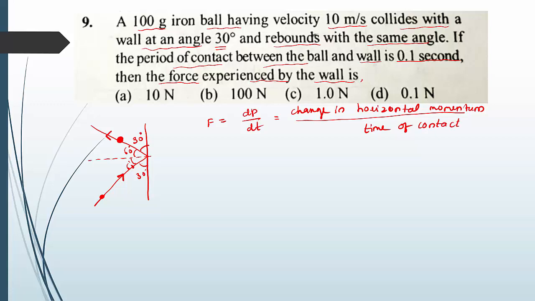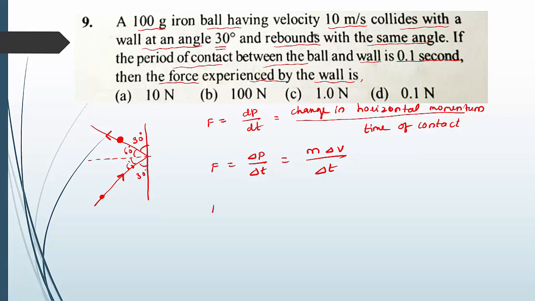It is also given, 0.1 second. Or we can write it as delta P divided by delta T, or mass into delta V divided by delta T, because momentum is mass into velocity.